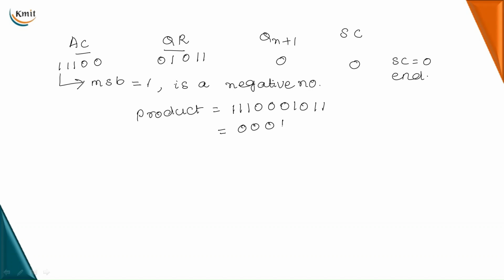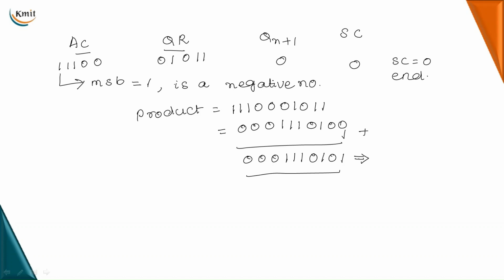Perform a 1's complement 000110100 plus 1. So it becomes 000111010. Okay. So this is equivalent to the decimal number 117. So you can put it down.